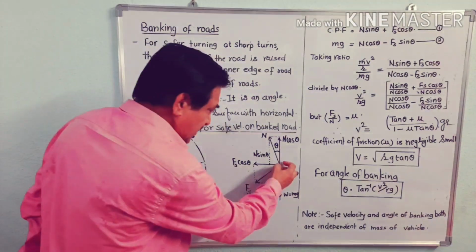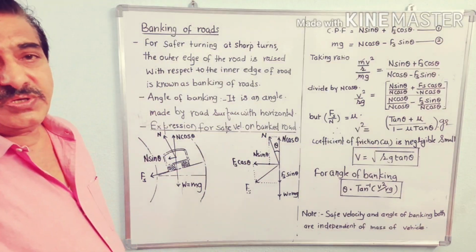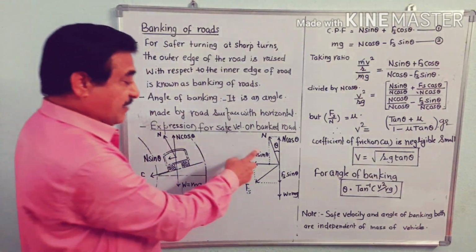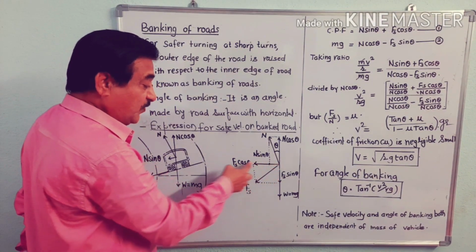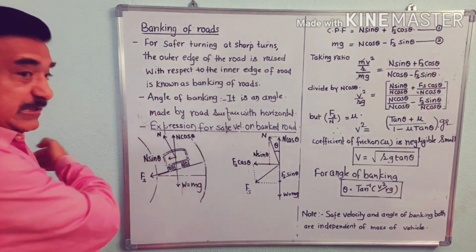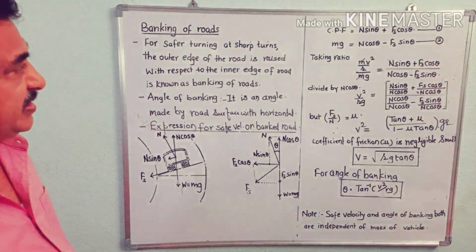And W is equal to mg in this direction. Combined, N sin theta and Fs cos theta are directed toward the center of the circular motion, so they provide the necessary centripetal force.